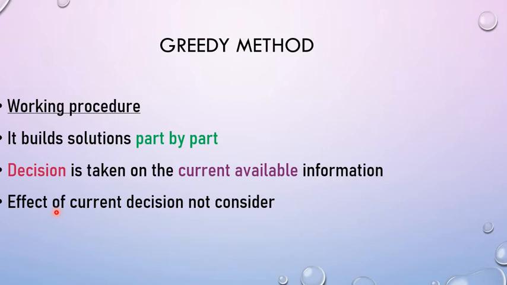It gives the best solution in each and every part. Finally, it moves to the final result. The results of each and every part come together to give the solution to the problem we have taken.